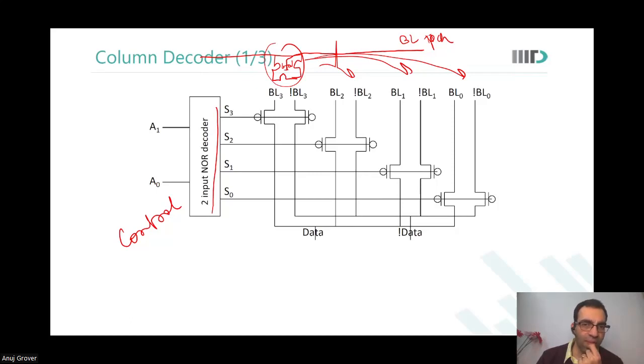Sir, it consists of PMOS only, so area will be large. PMOS only, okay, but area will be large. And sir, we will not be able to take the bit line to zero completely, right? Yes, when I want to write a 0, I want to take one of the bit lines to full 0. That you will not be able to do through the PMOSes.